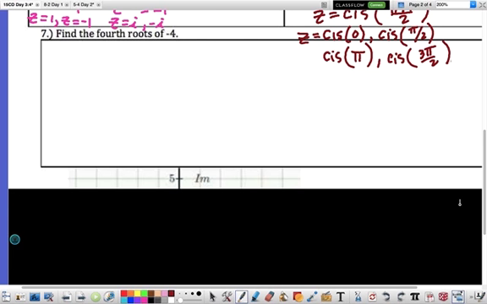Well, you try it then for this one. See if you can do it. Find the 4th roots of -4. What that means is set up this equation. 4th roots of -4. See if you can do that together. Give it a try.